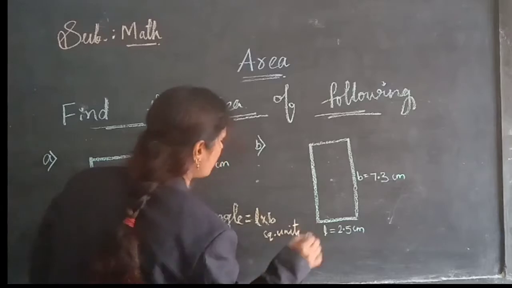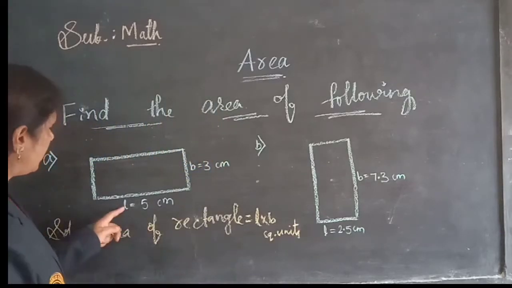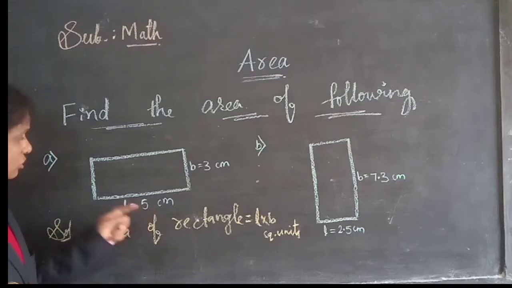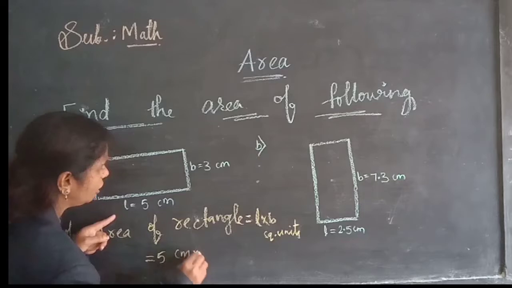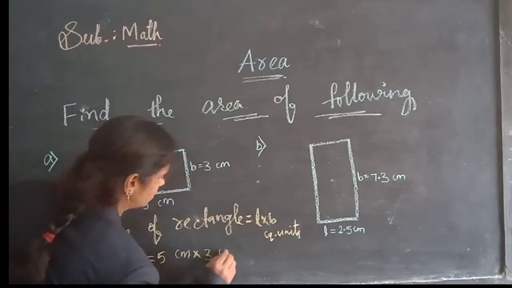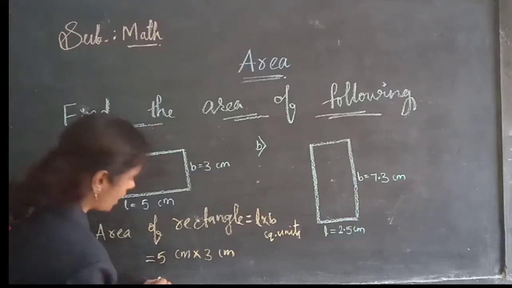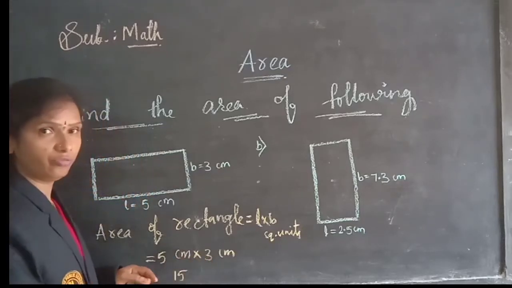Measures are square units. Now here in the given figure, they have given the length value as 5 centimeters. You can see here, children. So 5 centimeters into breadth. The breadth value they have given as 3 centimeters. Okay. Now here 5 threes are 15. 5 threes are 15.